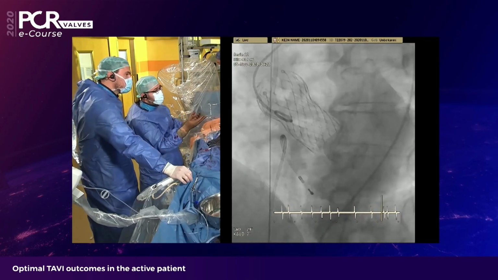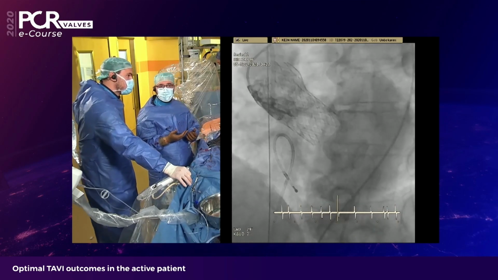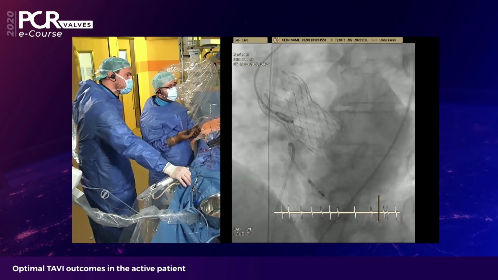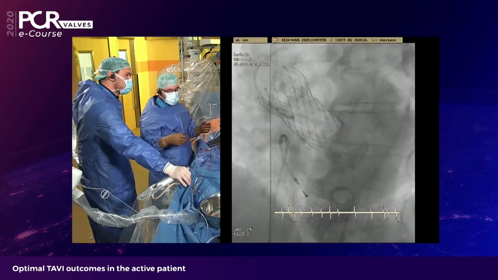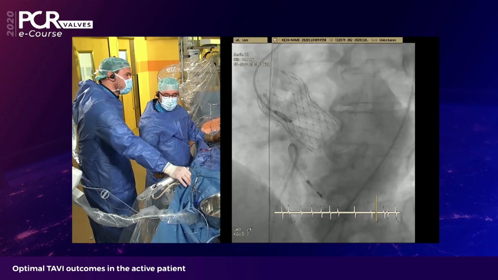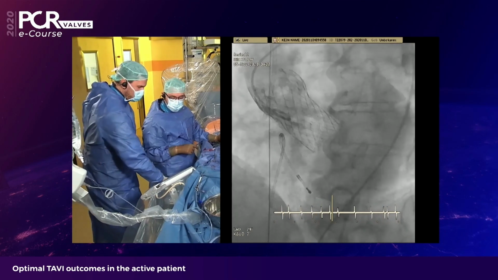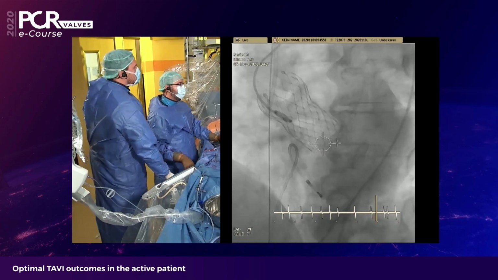And this is something we cannot, I mean, we want perfect hemodynamics in her small anatomy. Yeah. On the other hand, we don't want to lose coronary access. And this is why I think in her particular scenario, commissural alignment would be very important. So let's check it again and go to the cusp overlap view.